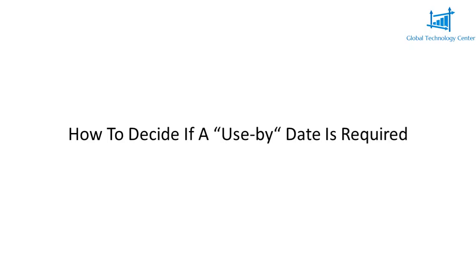This video is made to assist the manufacturer in deciding whether a use by date is required for his particular device and indicate what information is required to support his decision. A use by date is required where a safety-related characteristic or claimed performance is likely to deteriorate over time.